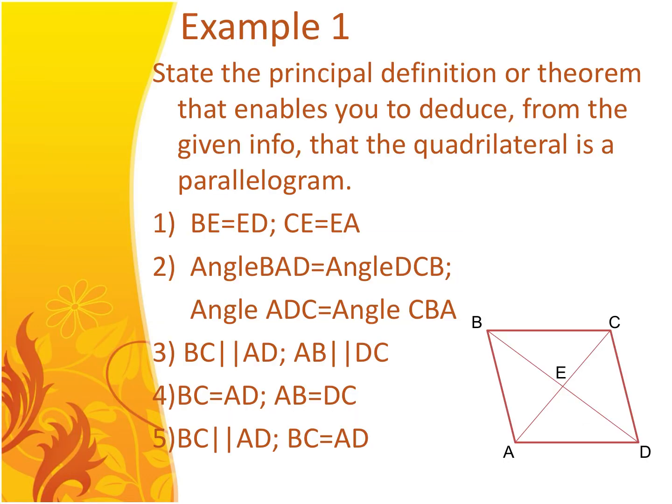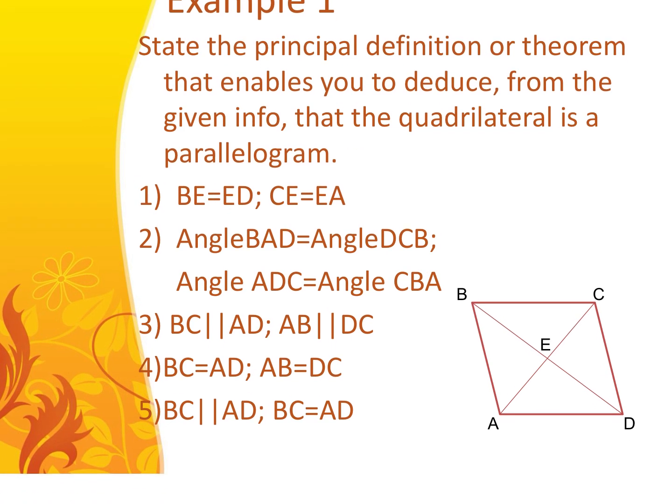Okay, so the first example, it says to state the principle, definition, or theorem that enables you to deduce from the given information that the quadrilateral is a parallelogram. So for the first one, let's go ahead and see what they've given us.